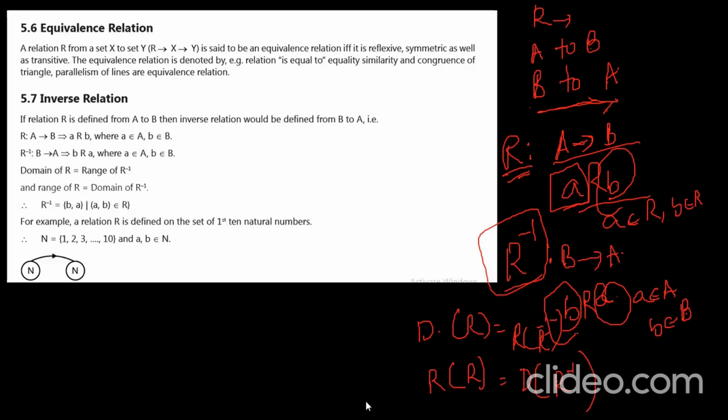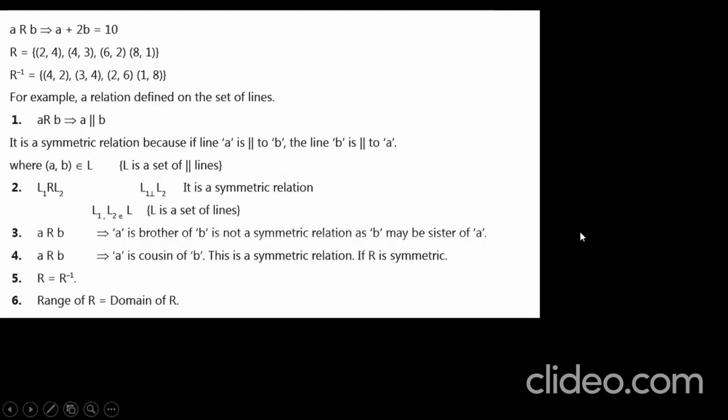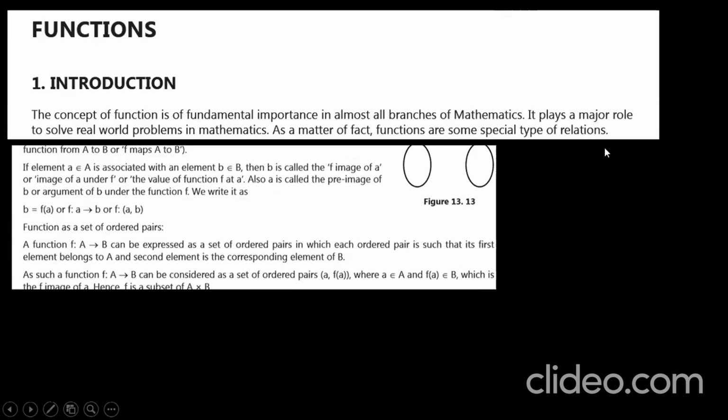Got it? Like this, we can take some examples and observe those things.